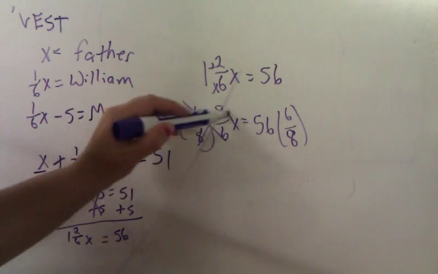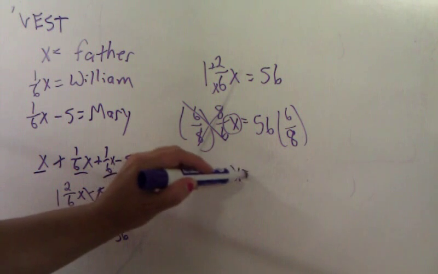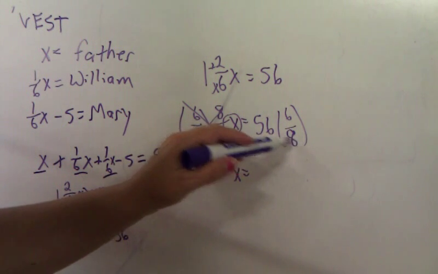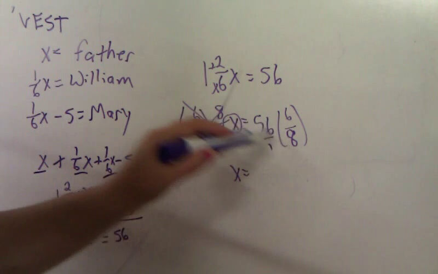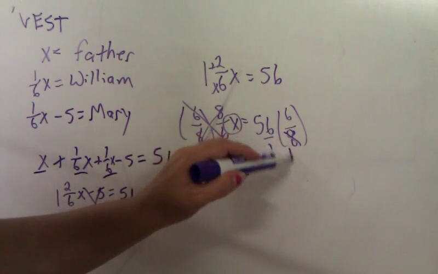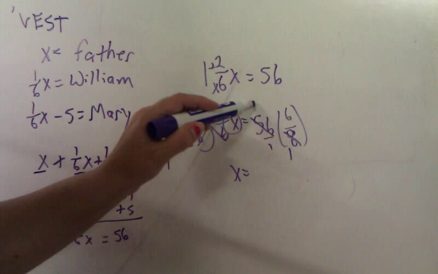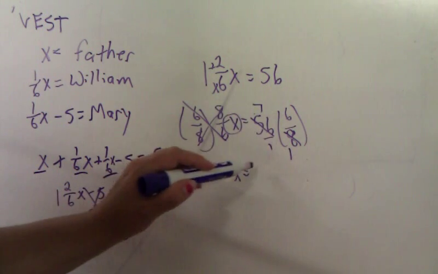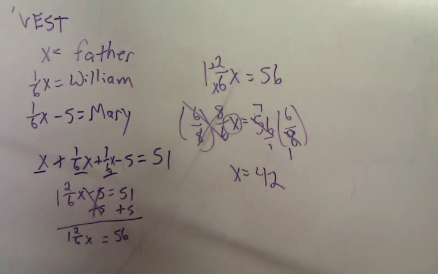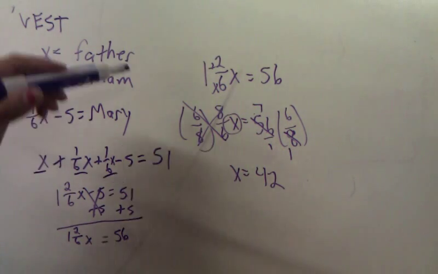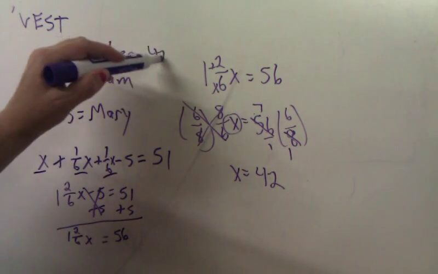These cancel out. The only thing left over here is X equals, I can cancel these, divide them by 8. This is going to be 1. 56 divided by 8 is 7. 7 times 6 is 42. Okay, so the father is 42.